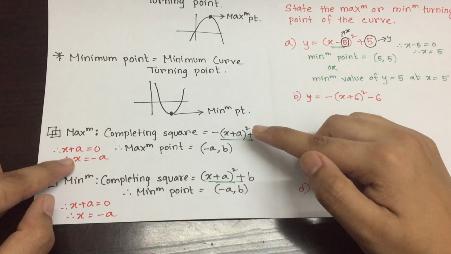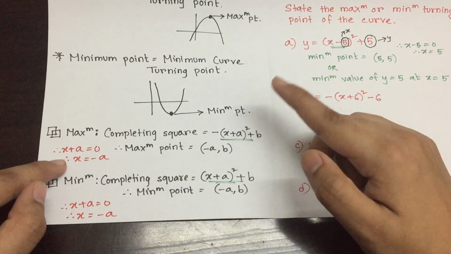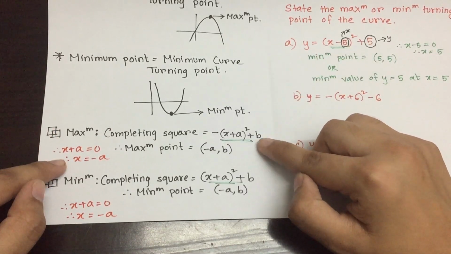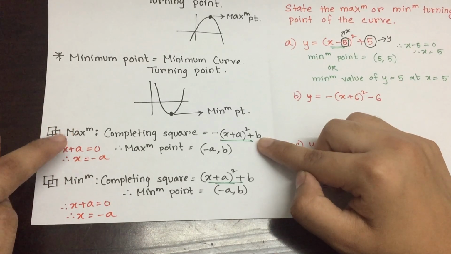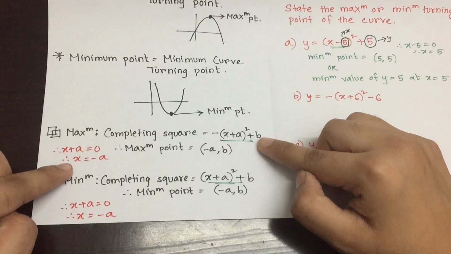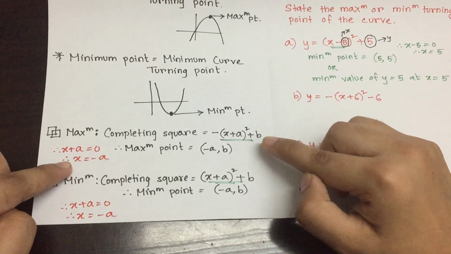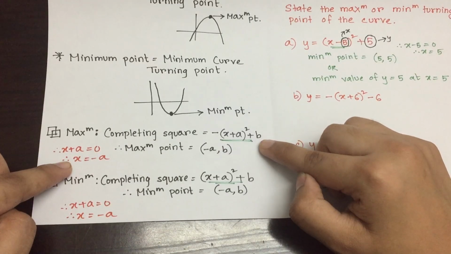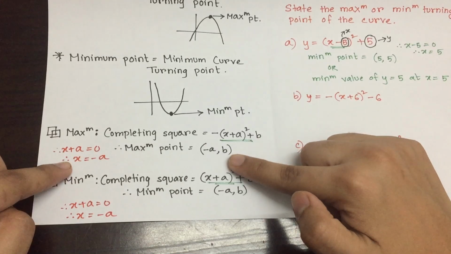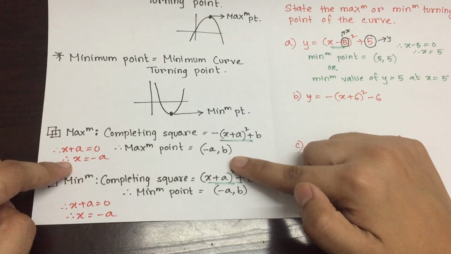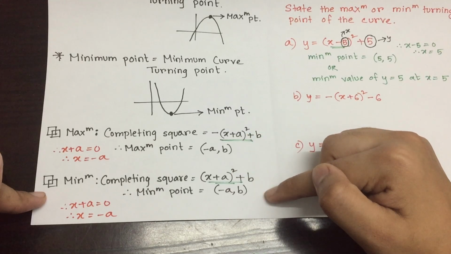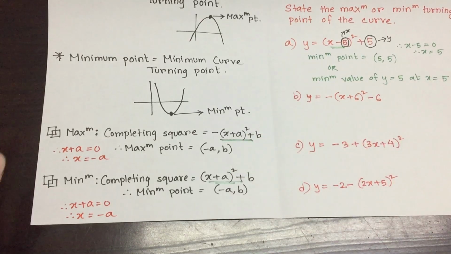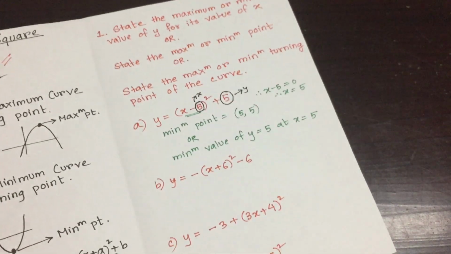So minus a is the value of x, and the value of y here is b. So the maximum value of y is b at x equal to minus a, and we can write the coordinate as (minus a, b), and the same goes for the minimum curve.